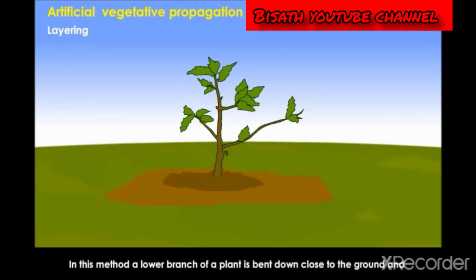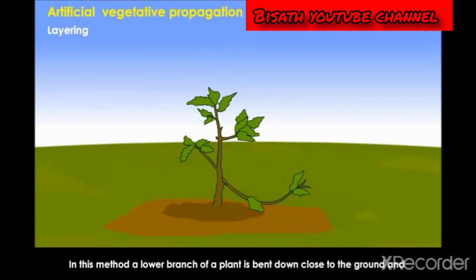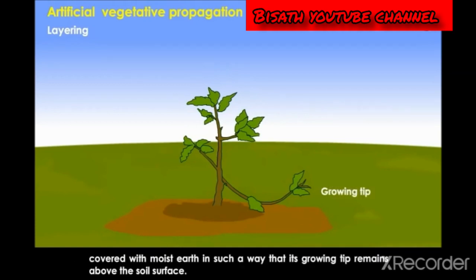Layering. In this method, a lower branch of a plant is bent down close to the ground and covered with moist earth in such a way that its growing tip remains above the soil surface.